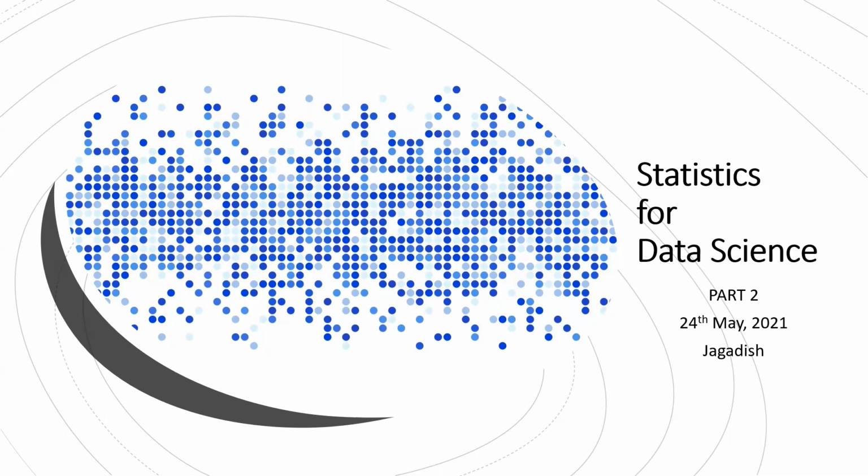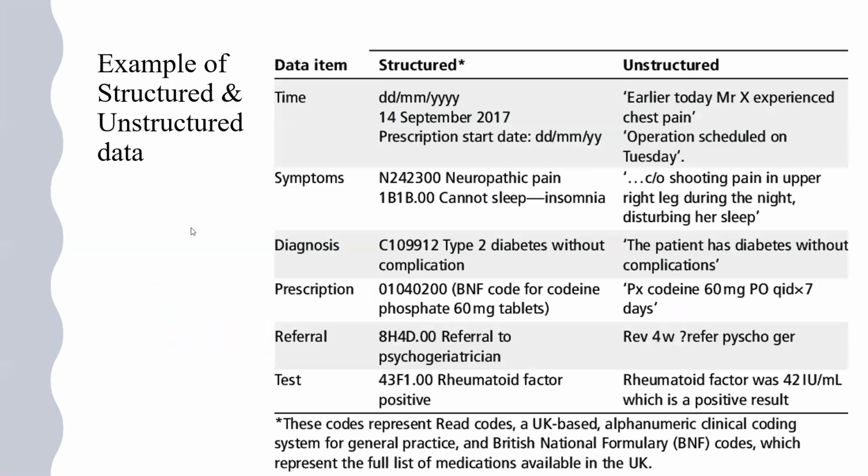Just to give you a definition of what these are: broadly, you can categorize big data into structured data and unstructured data. Before we jump into this, let's take a quick example to get a sense of what these are.